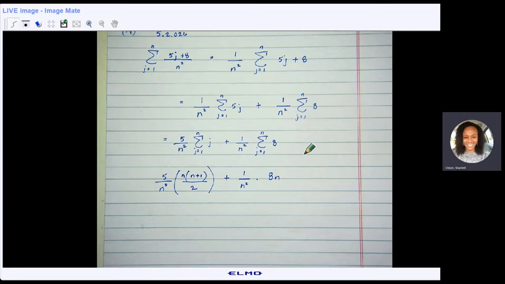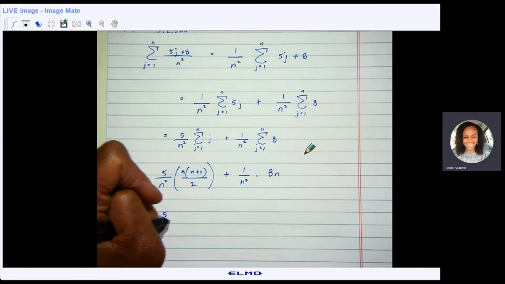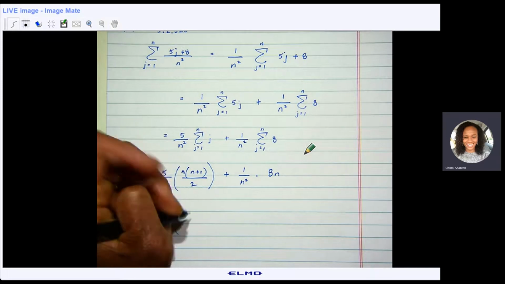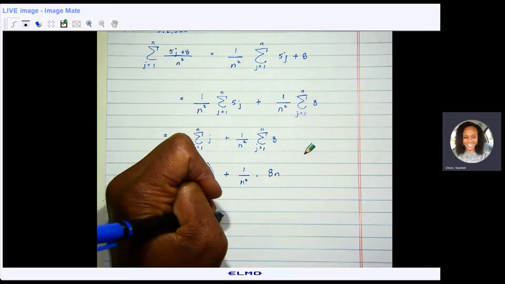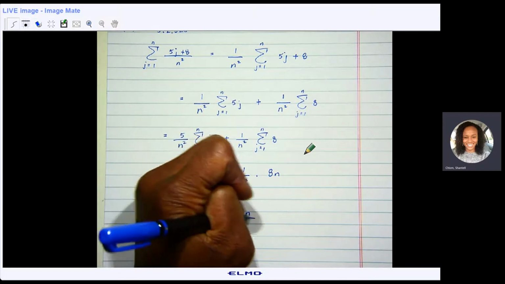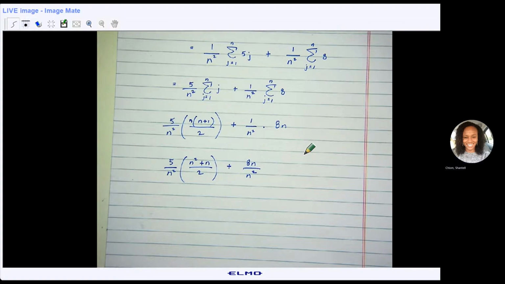Can you clean it up a bit? Yeah, we can keep kind of cleaning it up a tad bit. We've got 5 over n squared. On top, you got n squared plus n over 2. And then here you've got 8n over n squared. Okay?